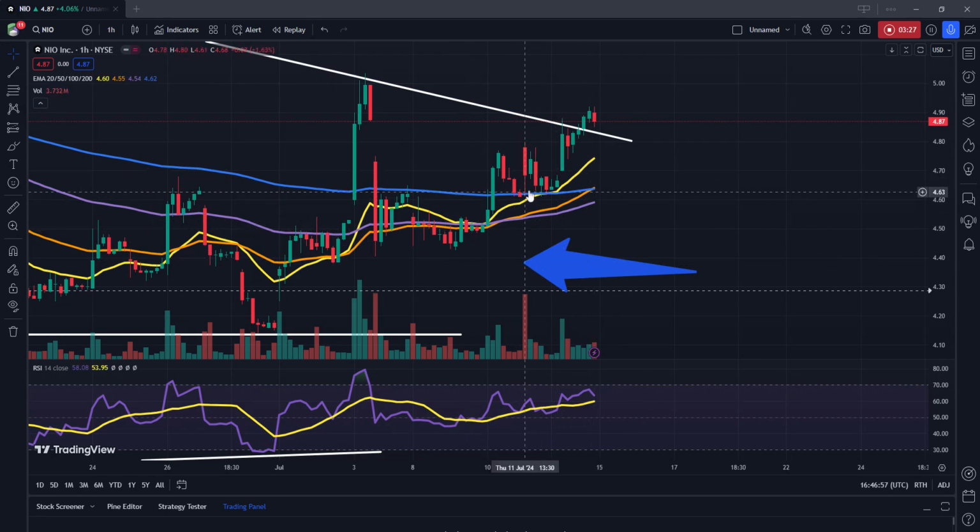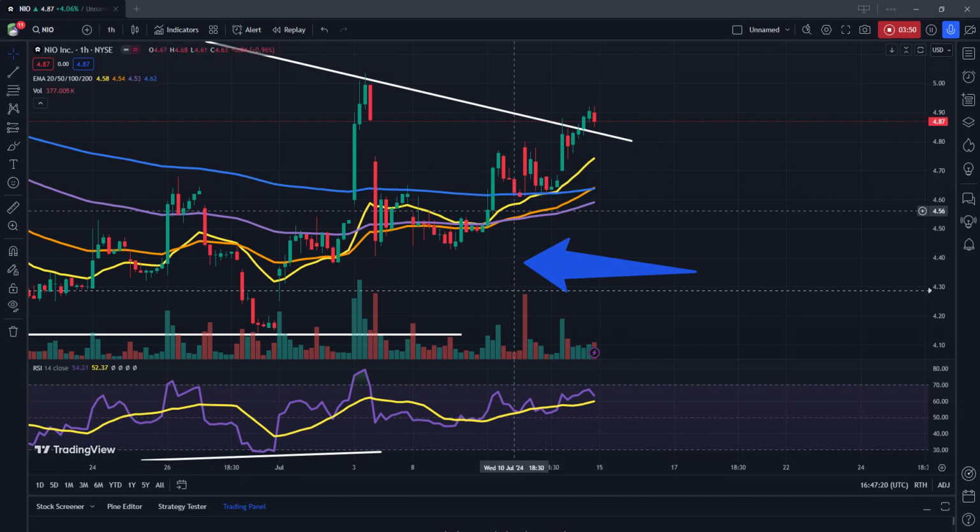This is the hourly chart. So what this means is that the yellow line is the 20 period exponential moving average. Every candle on this chart represents a 1 hour trading period, and then this yellow line represents 20 of those trading periods.